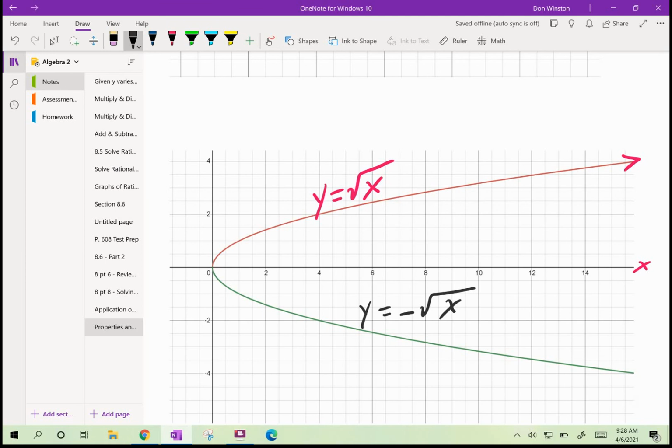When x was 4, I got y as 2. Now when x is 4, I'll get y is equal to negative 2. Remember, when you multiply by negative, you reflect the graph across the x-axis.